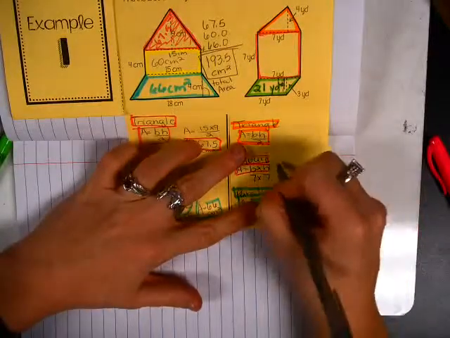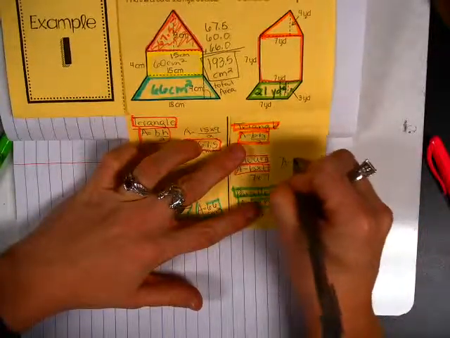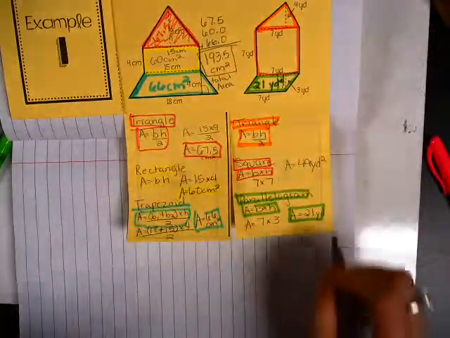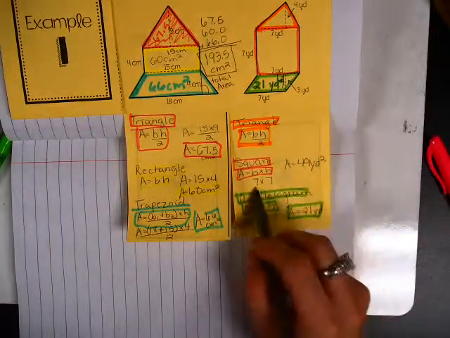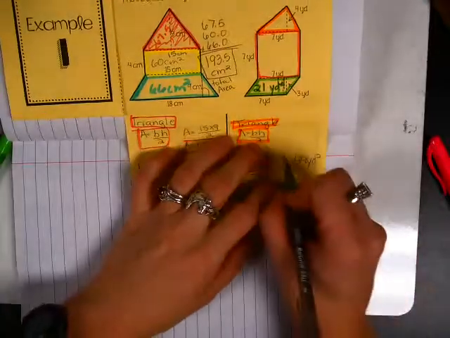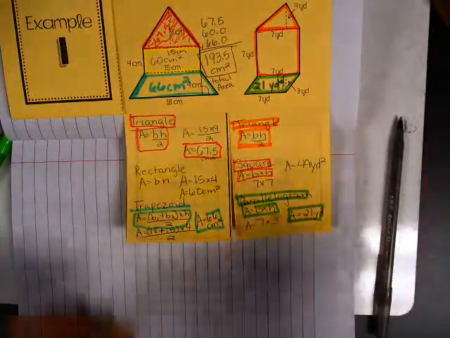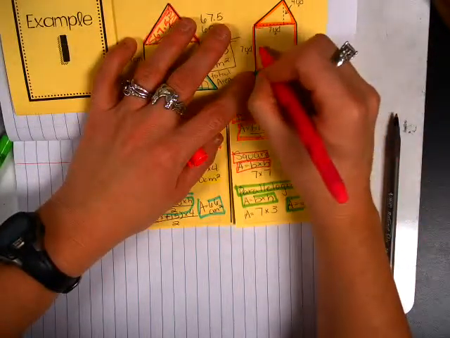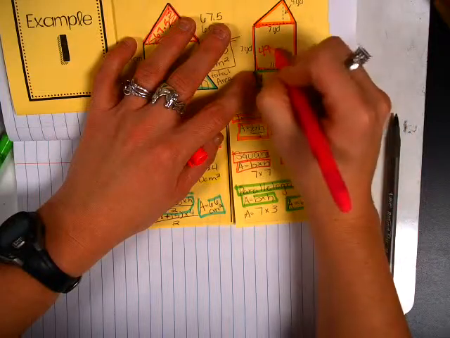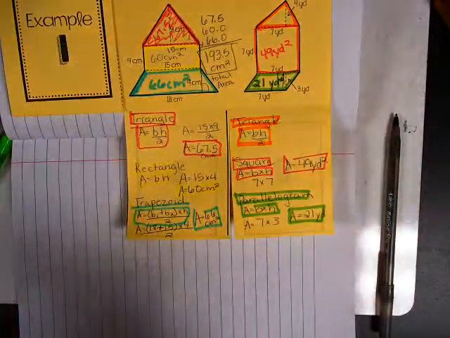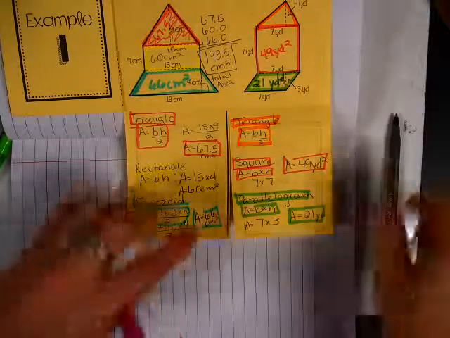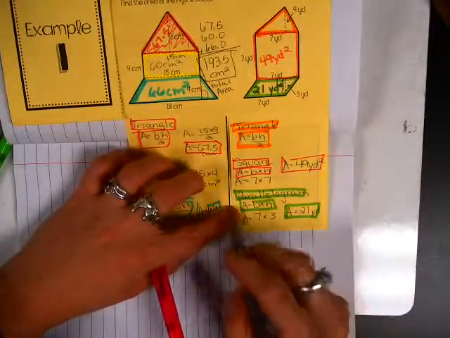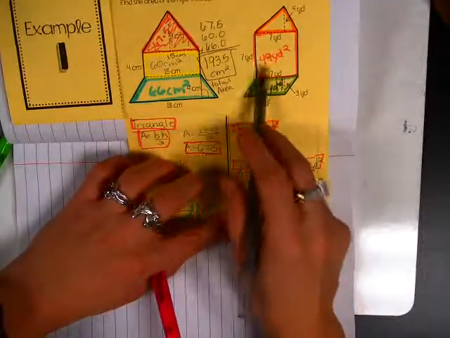So, A equals 49 yards squared. If you don't know how I got that number, you would do 7 times 7 in your calculator.